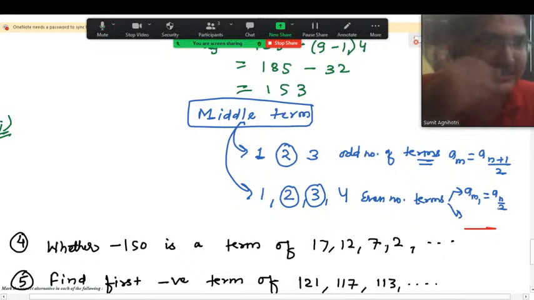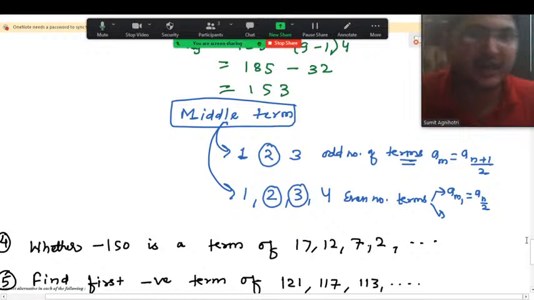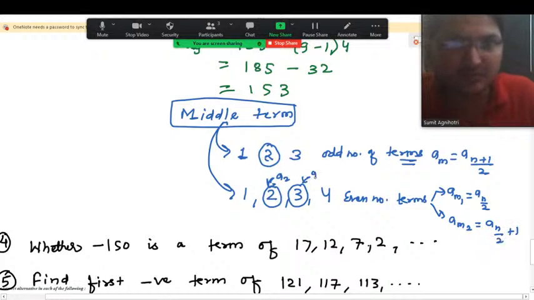Here I have just divided my number of terms by 2. If there are 4 terms, I will divide 4 by 2 and my second term is going to be a middle term, as well as my third term. That means the second middle term is n over 2 plus 1. This is my third term.